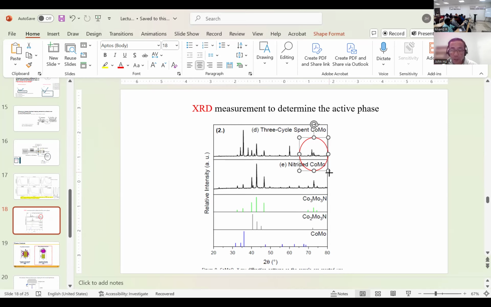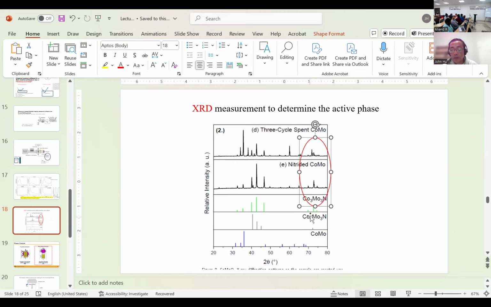Now I'm going to enlarge this. Did you see something here? The spent catalyst has a peak like this, and the standard we bought has a peak like this. So what does that mean? During the reaction, the spent catalyst has an active structure like this.